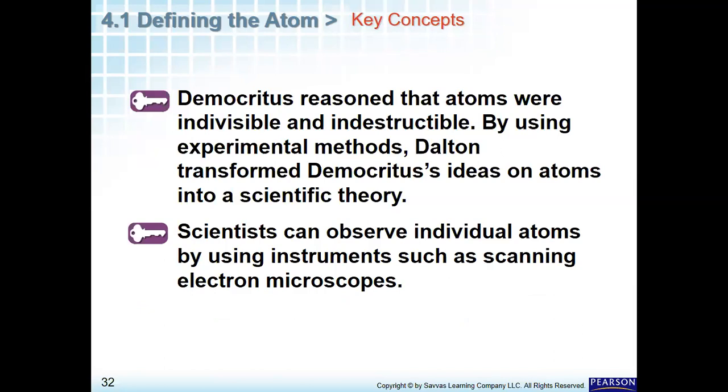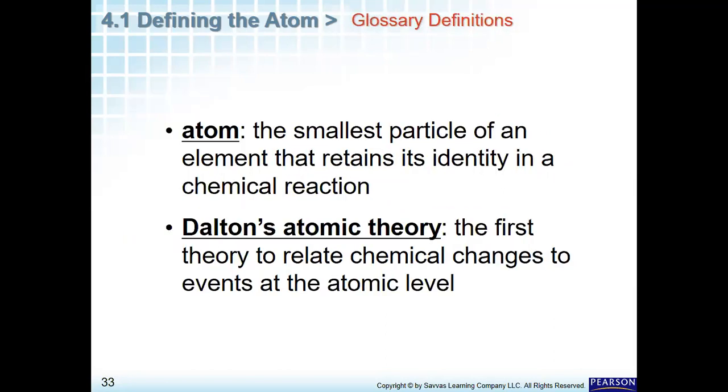Also, scientists can observe individual atoms by using instruments and tools such as the SEM, scanning electron microscope. An atom is the smallest particle of an element that retains its identity in a chemical reaction. And we have Dalton's atomic theory, the first theory to relate chemical changes to events at the atomic level.